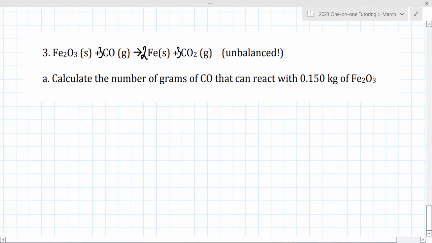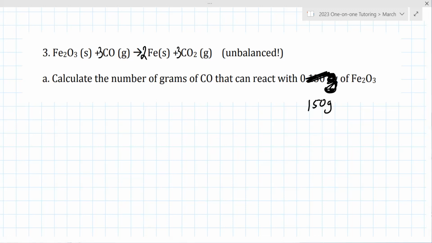Okay, so assume that's grams, or actually, let's make it 150 grams. Calculate the number of grams of CO they can react with 150 grams of iron. So 150 grams.